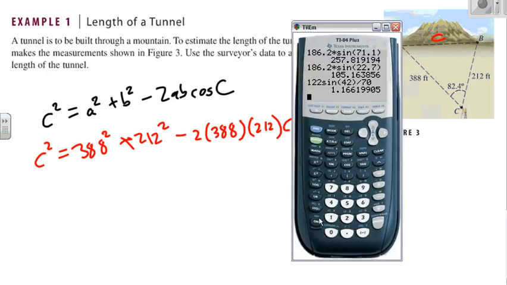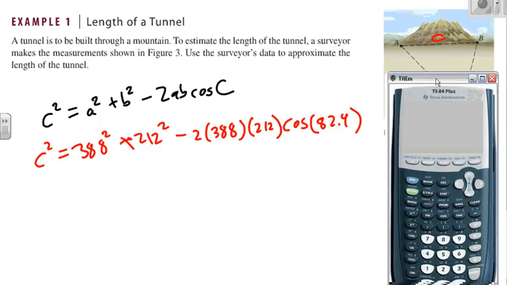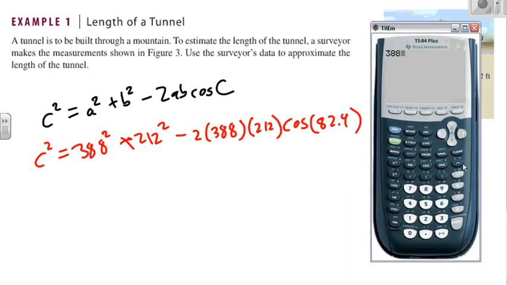So now you just let the calculator do the work. We could actually type this all in at once. 388 squared plus 212 squared minus, just put some parentheses around everything to make sure that it does it in the right order, 2 times 388 times 212 times cosine 82.4.